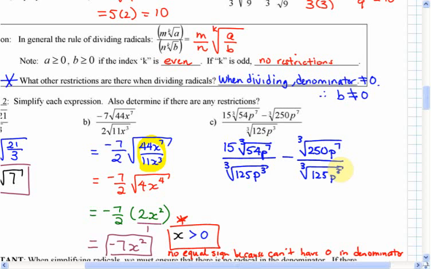You just got rid of the roots. 5p. So I'm thinking if you can see that right away, let's just simplify the denominator. And this is what we'll have then. 15 cube root 54 p to the 7 over 5p minus the cube root of 250 p to the 7 over 5p. Good.